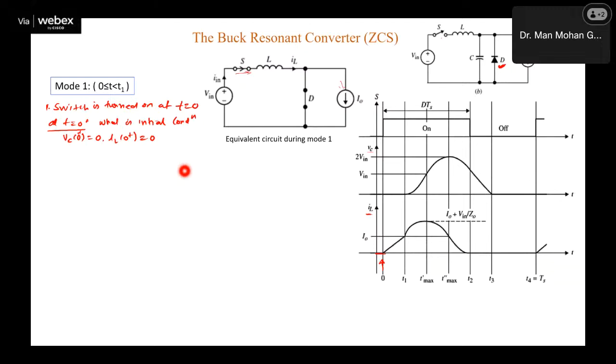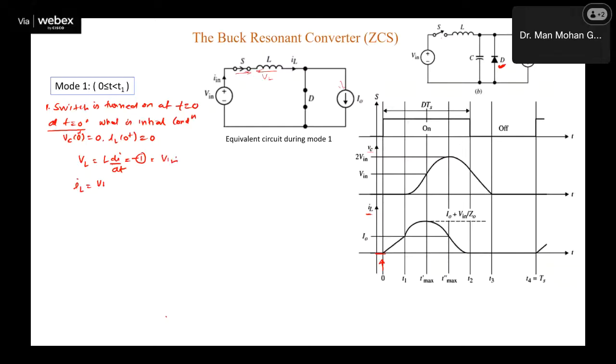Now, how will be the equations? If I write equations across this, VL is L di by dt, right? So from here I can find IL: dIL by dt is equal to V in.